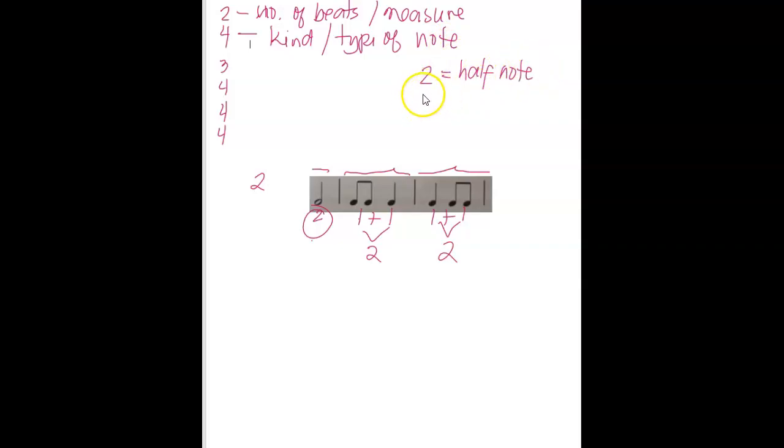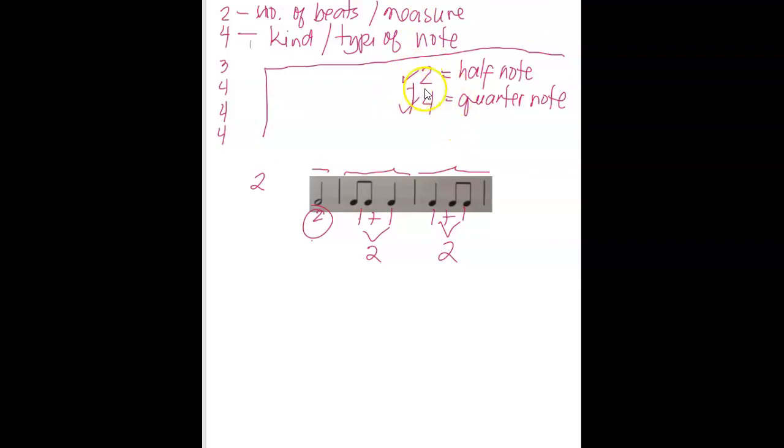Kapag naman si bottom number ay 4, ang type of note na gagamitin mo ay quarter note. Okay? So dito na lang muna tayo. Hindi ko na i-explain yung other bottom numbers. So ito lang naman yung common lagi, the 2 and the 4 bottom number.